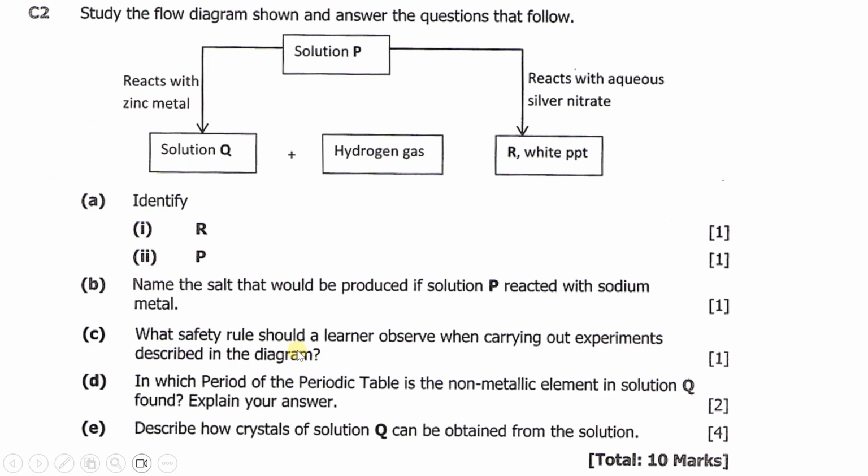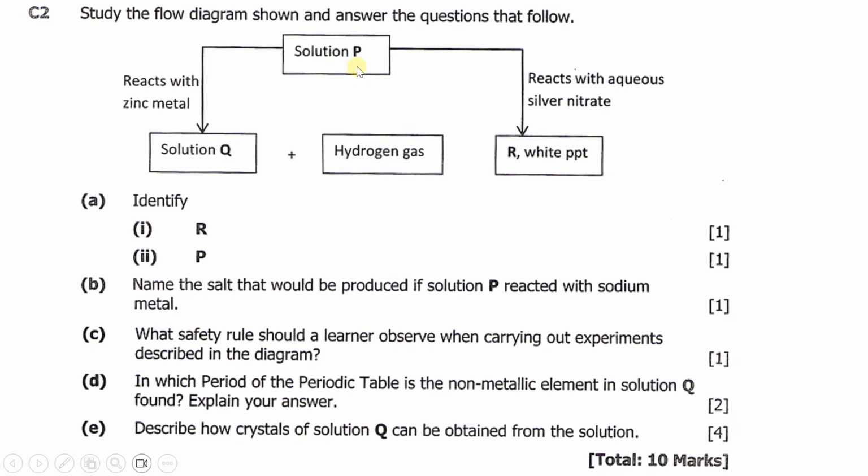Then let's go to C2, which says study the flow diagram shown and answer the questions that follow. So we have this flow diagram here. We have solution P reacts with zinc metal. It gives us solution Q plus hydrogen gas.